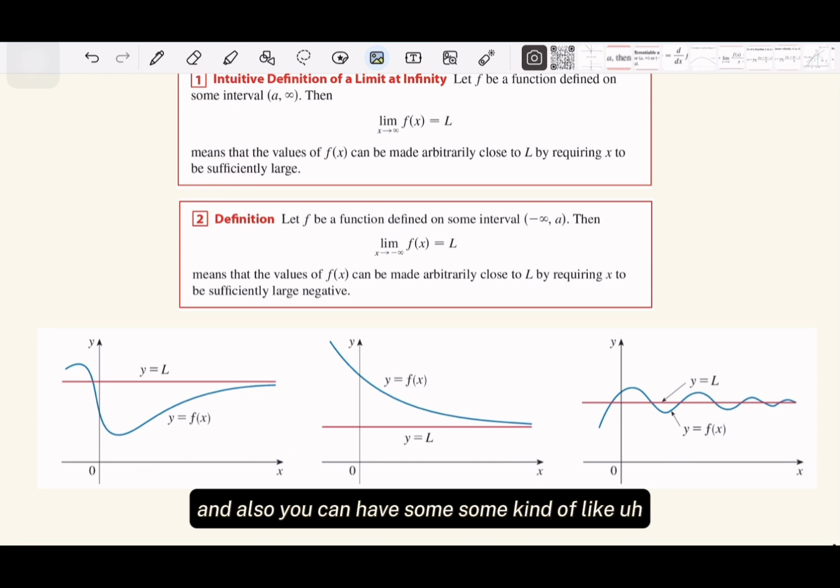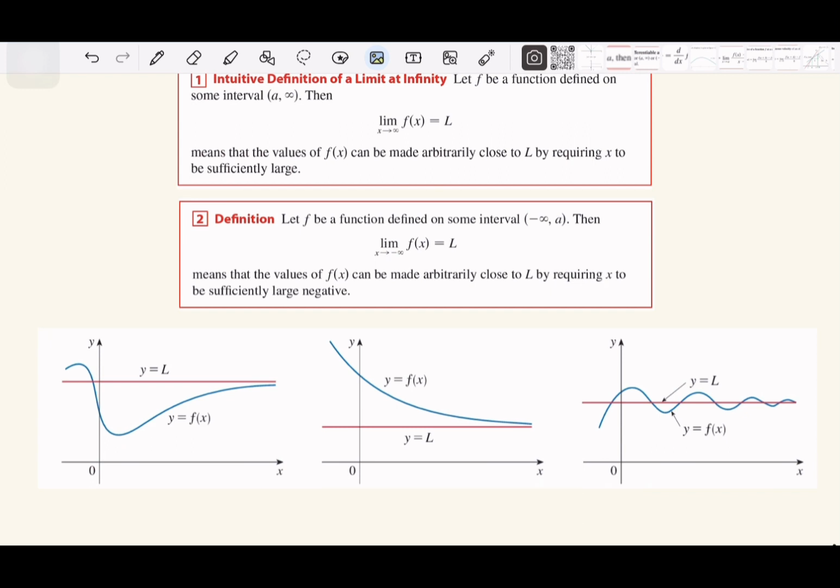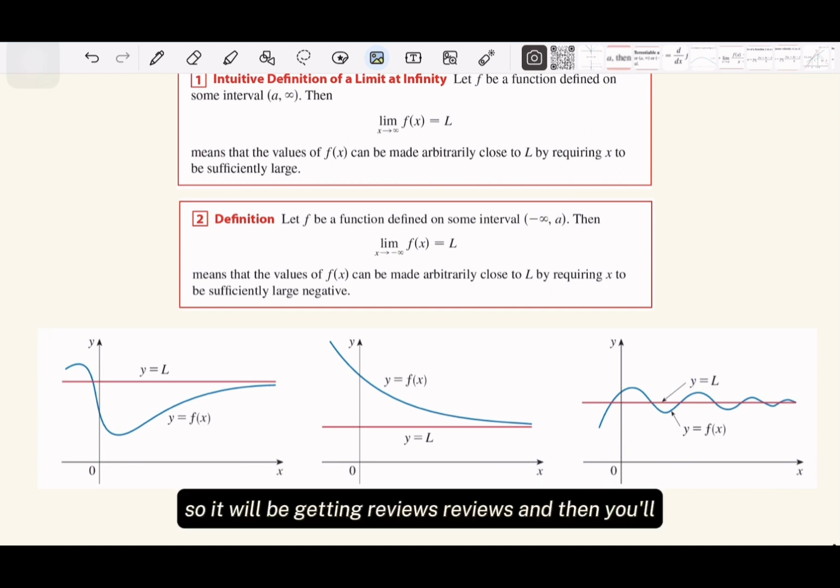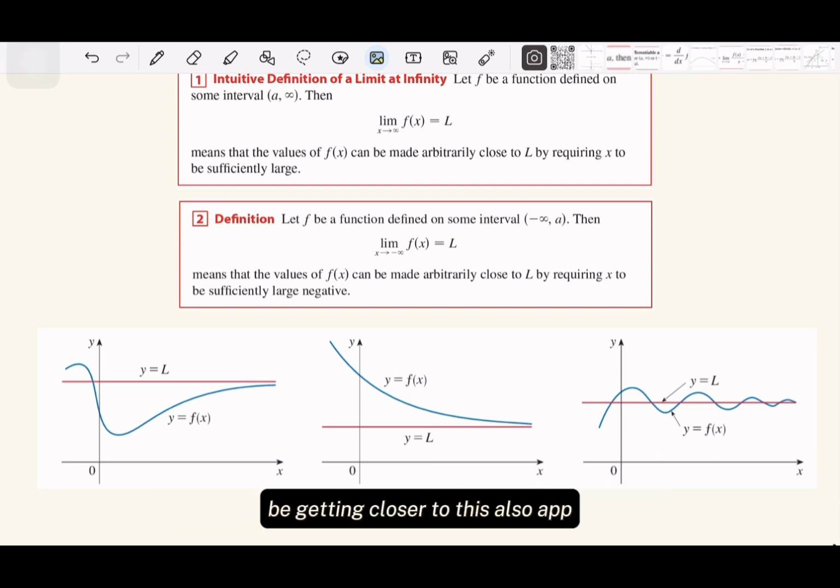And also you can have some kind of oscillation. So you can have up and down, but the amplitude will be smaller. So it will be getting reduced, and then it will be getting closer to this also L. We can also have that possibility. It's not always like the graphs never crossing, but sometimes it's crossing, but it's going up and down, up and down.